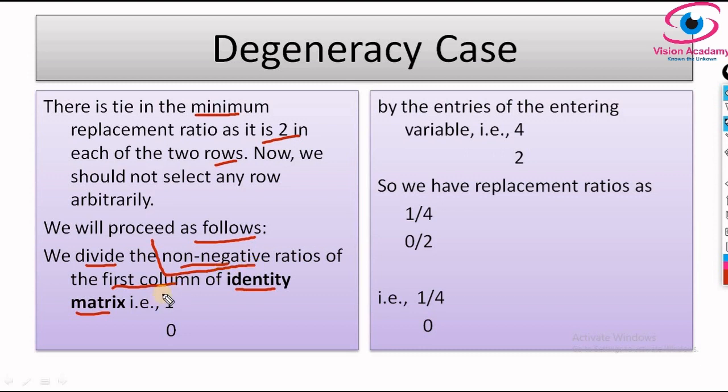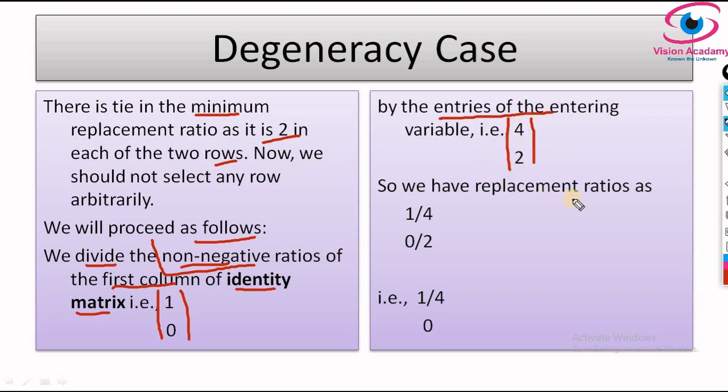So in this, S1 is the first column of the identity matrix, and these are the values of S1, that is 1 0. These entries will be divided by the entering variable, and y is the entering variable here, with values 4 and 2.